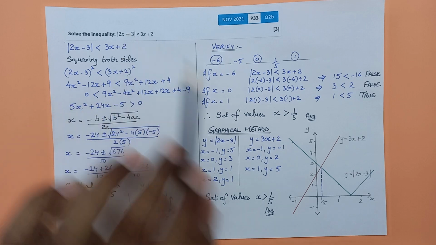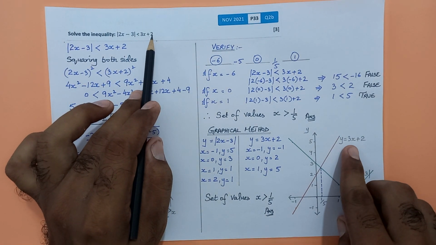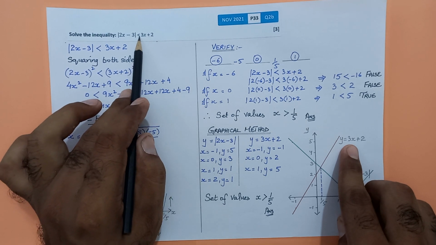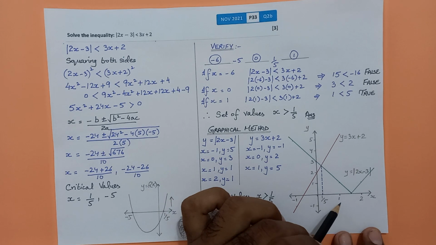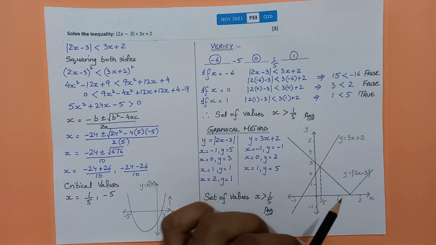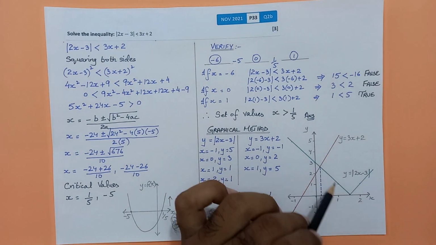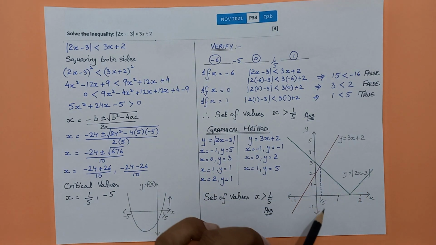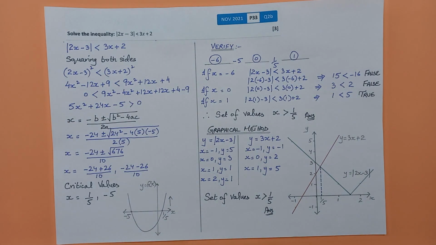This states true for the given condition: the red is greater than the green one. Definitely any value greater than 1/5 would result in the red line being greater than the green one, and so any value greater than 1/5 is the set of values for the given inequality.